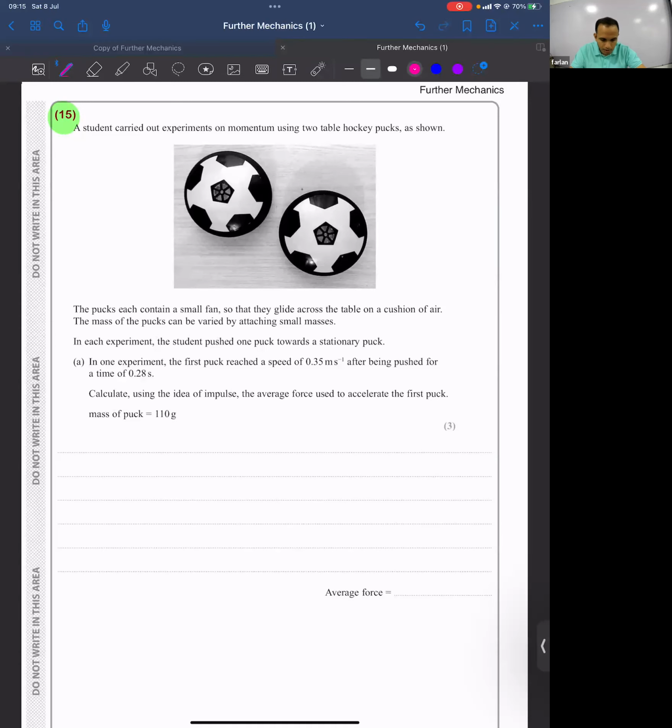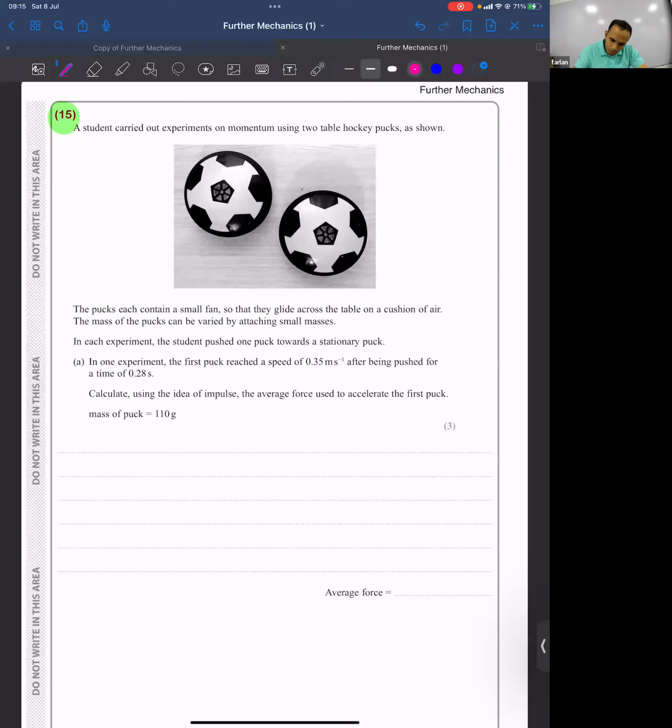In each experiment, the student pushed one towards a stationary puck. In one experiment, the first puck reached a speed of 0.35 meters per second after being pushed for a time of 0.28 seconds. Calculate, using the idea of impulse, the average force used to accelerate the first puck. The mass of it is 110 grams.